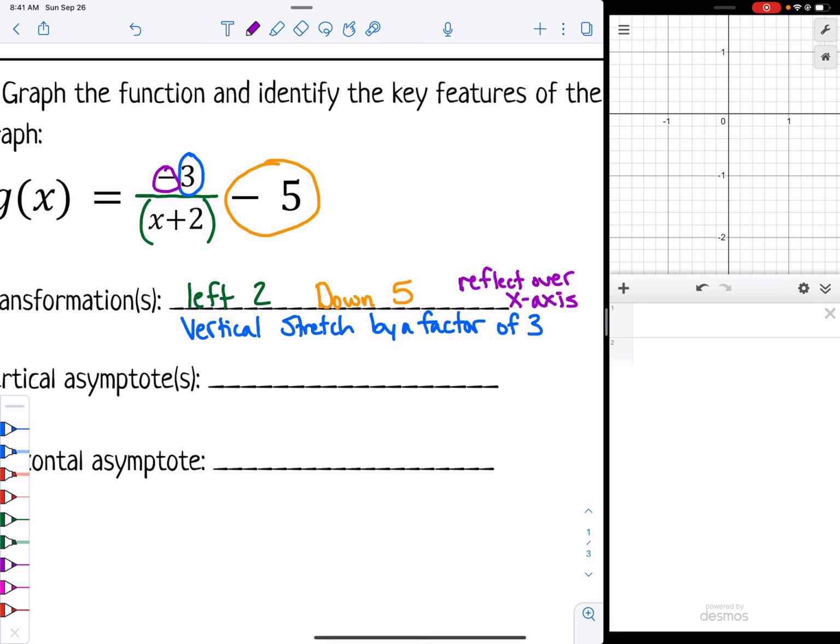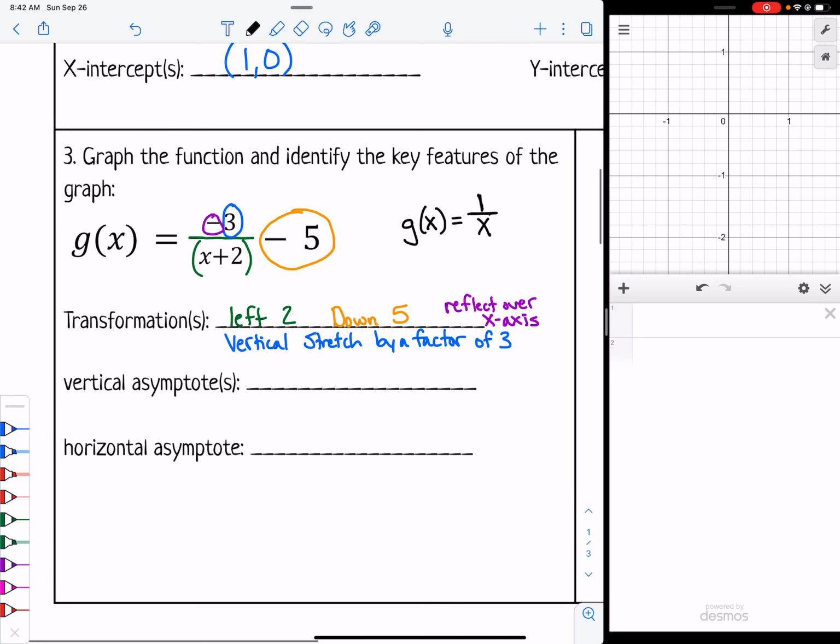So when you're picking out transformations, think about how this function compares to the parent function, which would be g of x equals 1 over x. Everything else that got changed about that function, we had to make a note of. So the negative made it reflect, the 3 made it vertically stretch, the plus 2 made it go left 2, because that's in our grouping symbol, and then minus 5 made it go down 5.